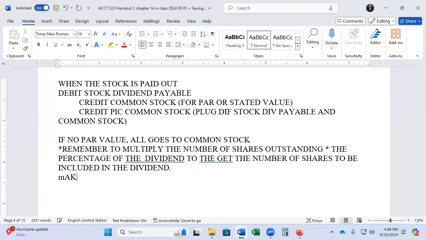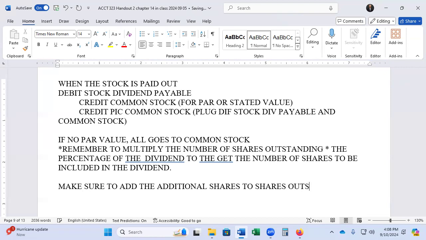And then make sure to add the additional shares to shares outstanding.